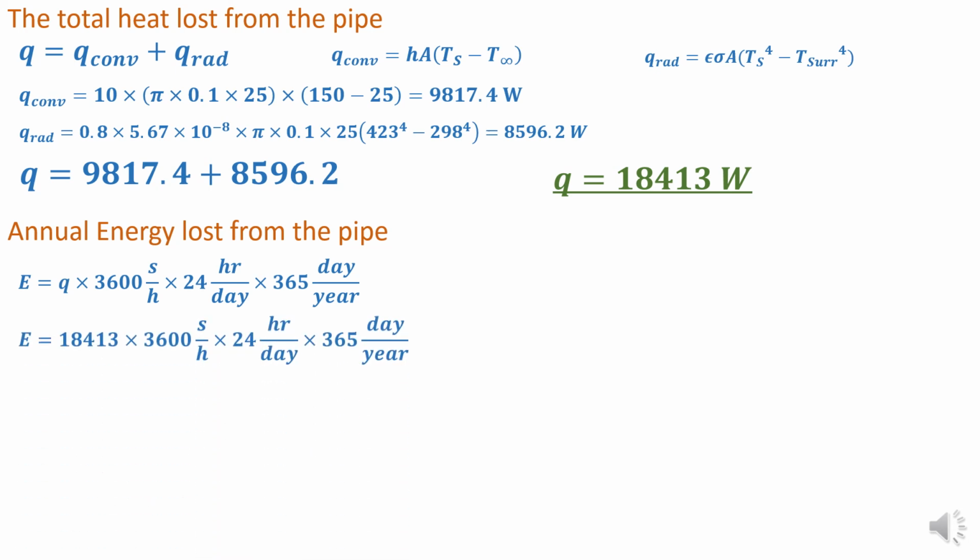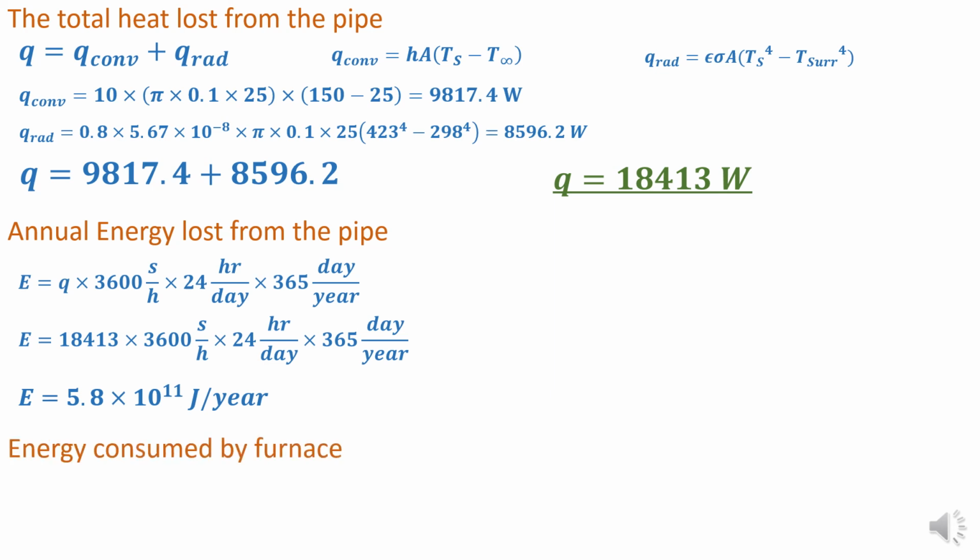We have found Q is equal to 18,413 watts, and the annual energy lost comes out to be 5.8 exponent 11 joules per year. This is the annual energy lost from the pipe; in a year, 5.8 exponent 11 joules of heat will be lost.